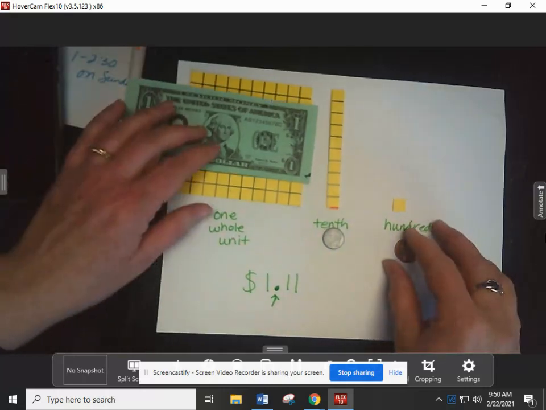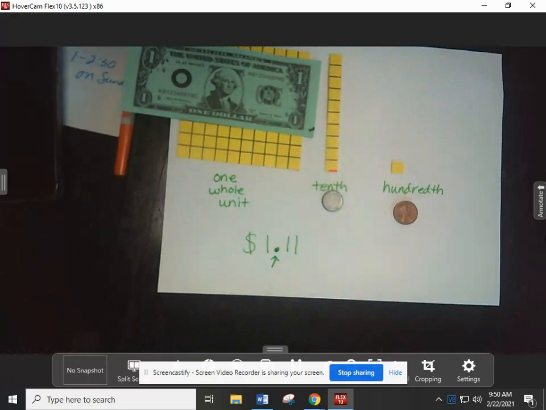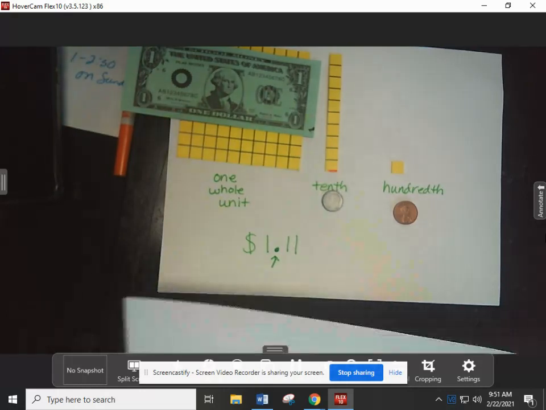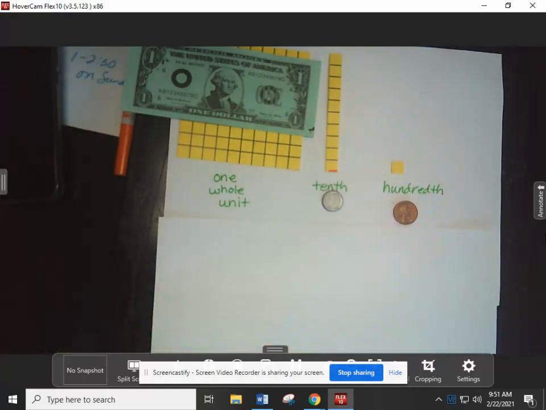Now that I have this together here, this is such a nice little visual for us. I'm going to write a fraction. I'm going to write a decimal. And I want you to see if you can figure out what I need.